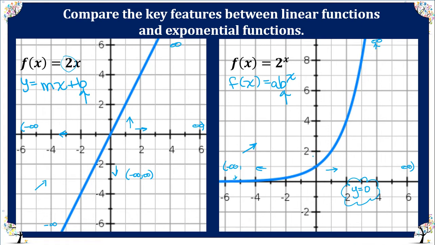This graph is getting close. It goes down to 0. It does not touch 0. So we will use a parenthesis, and then it goes up forever to positive infinity. So with exponential functions, you will use the asymptote in end behavior as well as the range.